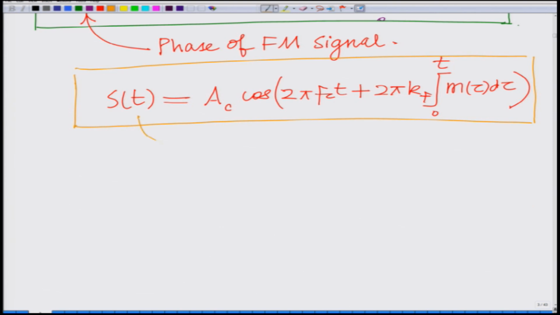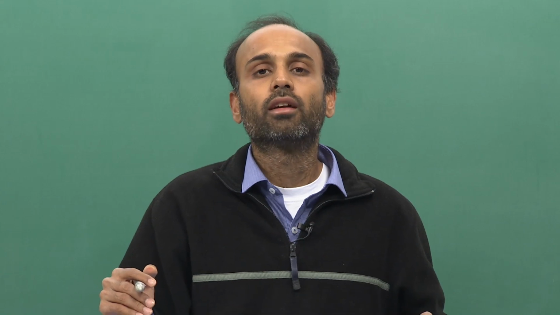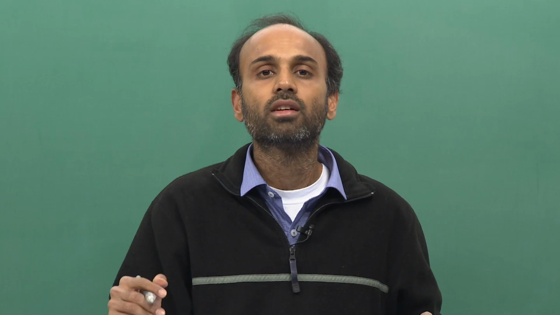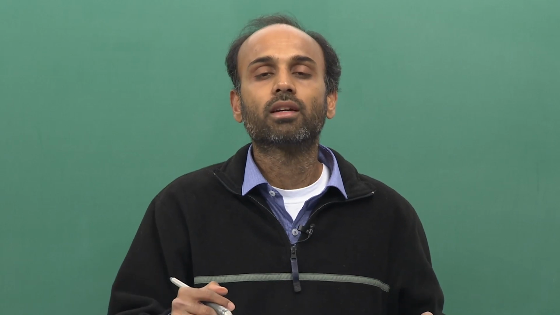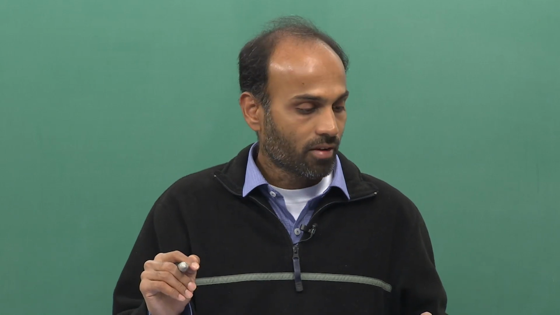So we are saying the instantaneous frequency f_i(t) is f_c plus k_f times m(t), and by integrating the frequency from 0 to t you get the phase, because frequency is the rate of change of phase, and from the phase you get the modulated carrier. This gives you the expression of the FM signal.